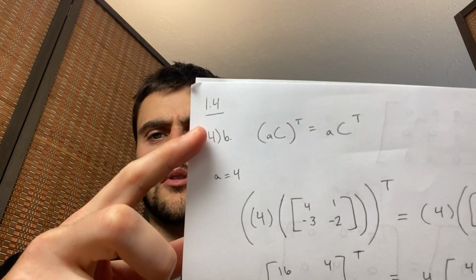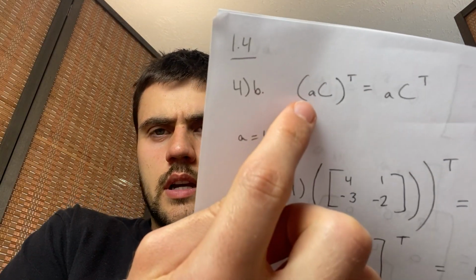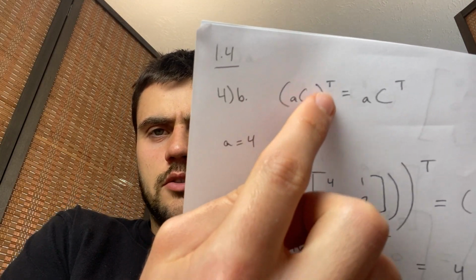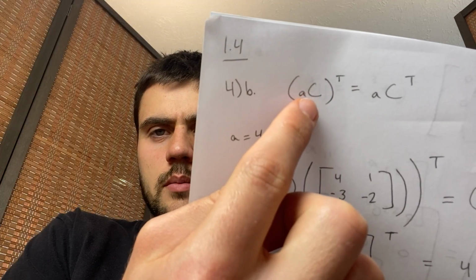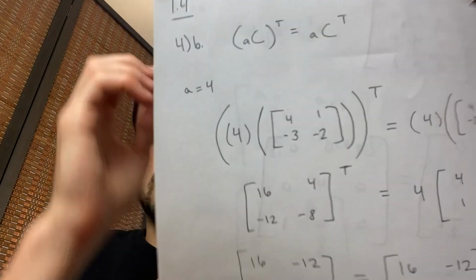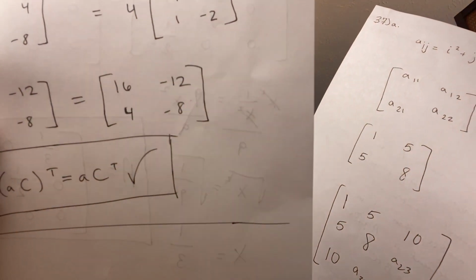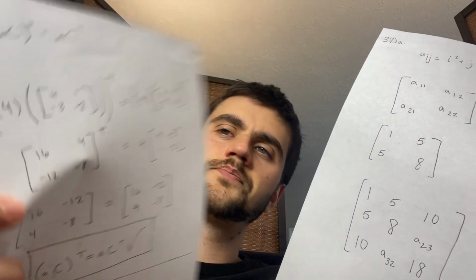All right. The review problem from 1.4 was basically verifying that the transpose of a product of a scalar and a matrix is equal to the same scalar times the transpose of the matrix, which we verified to be true with the examples given.